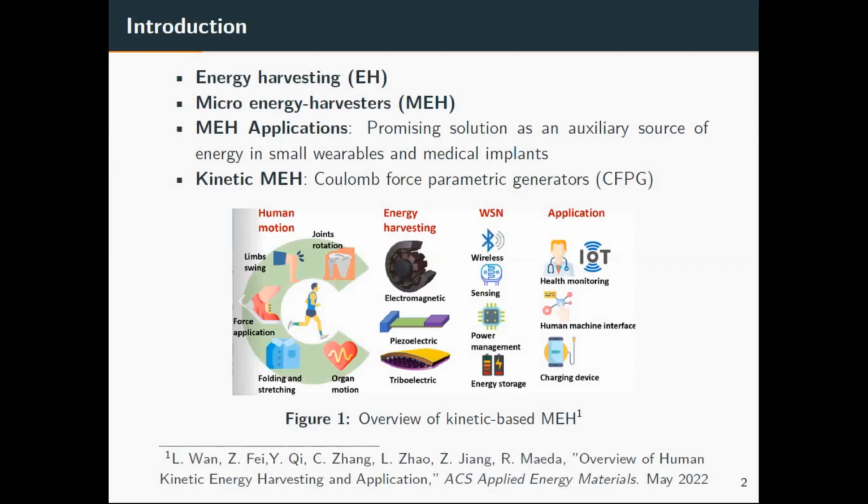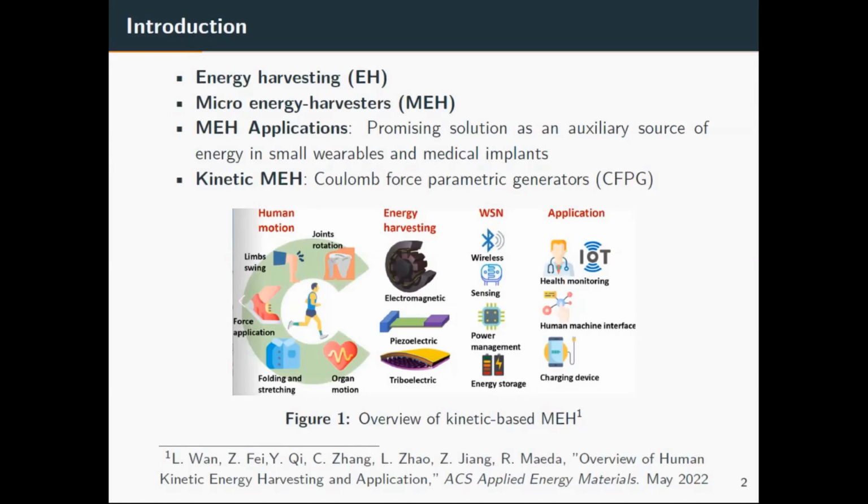So energy harvesting, well, I'm sure you are familiar with different types of energy harvesters that harvest energy from existing sources that are out there. In particular, the ones that use motion to generate energy are very popular and becoming more popular, especially at the micro energy harvester level.